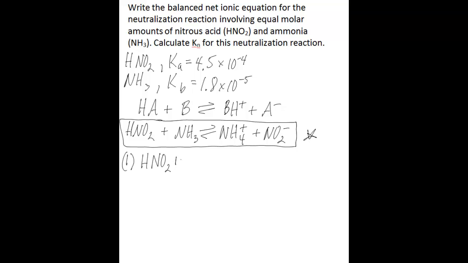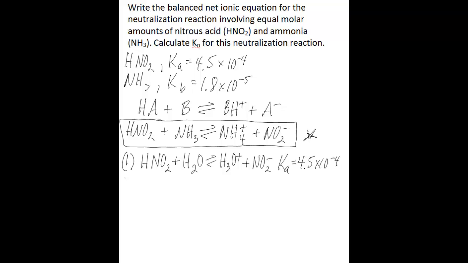So that's nitrous acid plus water, transferring a proton to water to give the hydronium ion, and then you're left with the conjugate base of the weak acid. And we've already identified the Ka value for that reaction to be 4.5 times 10 to the negative 4.